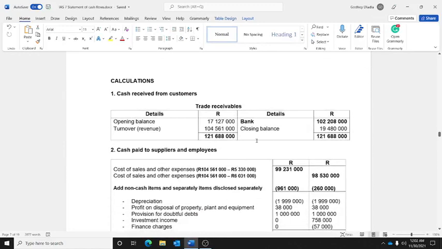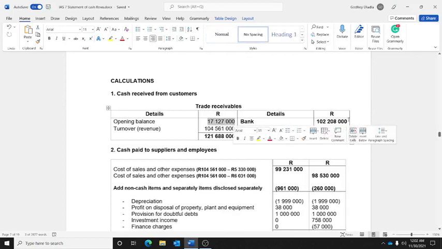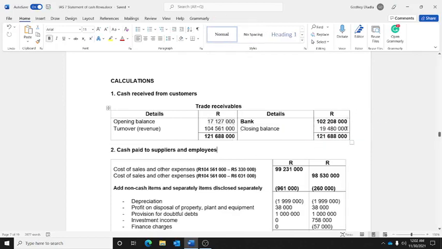I can read it from here. The opening is this one. The closing is that one. So that is an increase. 127, 123 minus 19, 480. So it has increased by 2353,000, and it means we balance the debit side. If I compare this to that, I must balance the debit side.